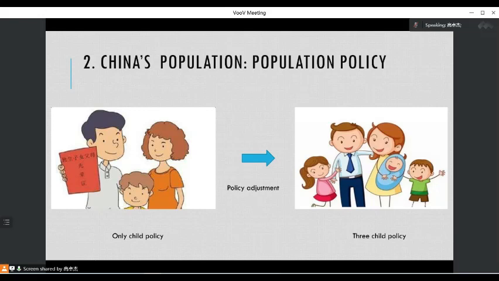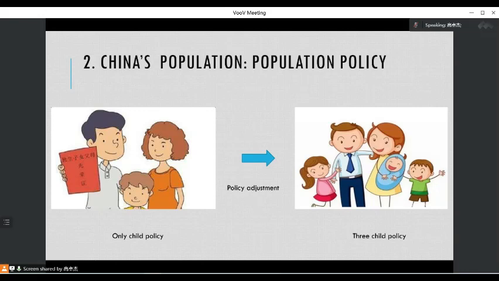One couple can have more children, such as 2 or 3 children, because young people are productive forces.